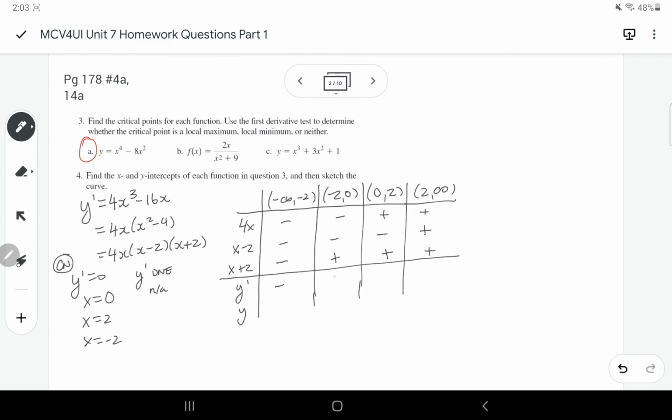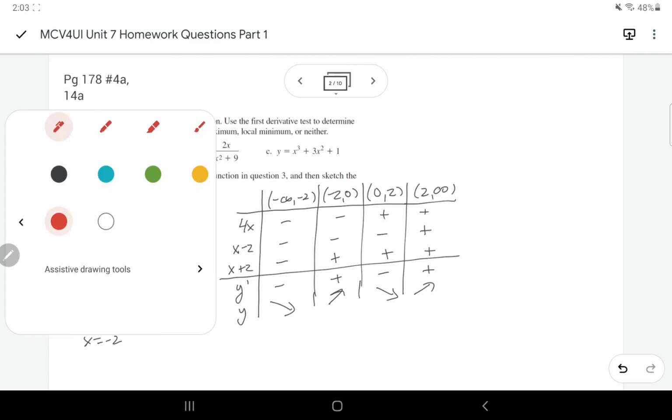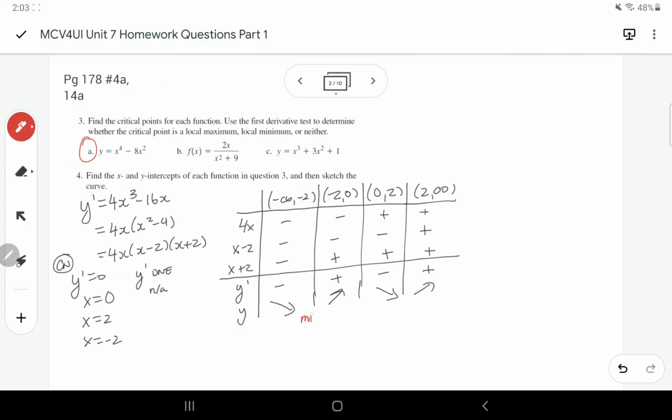So that tells us the sign of the derivative. And we've got a function that's decreasing, increasing, decreasing, increasing. So we have a min at x equals negative 2, a max at x equals 0, and a minimum at x equals 2.